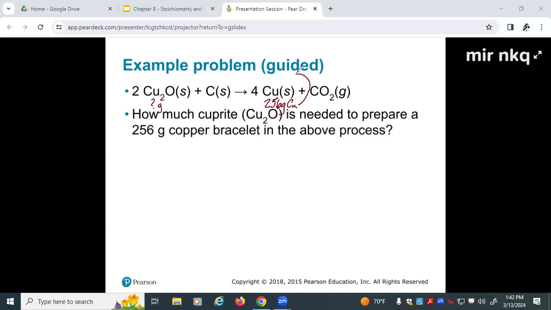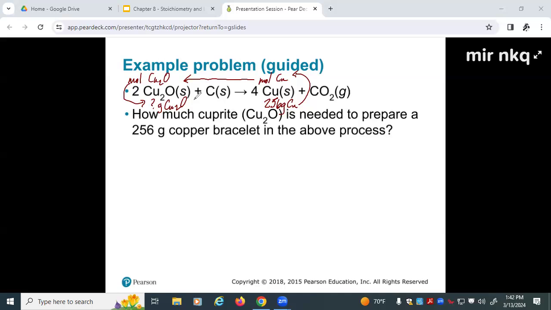So I need to turn the grams into moles of copper. I need to turn the moles of copper into moles of cuprite. And I need to turn the moles of cuprite into grams of cuprite. Process, again, exactly the same.